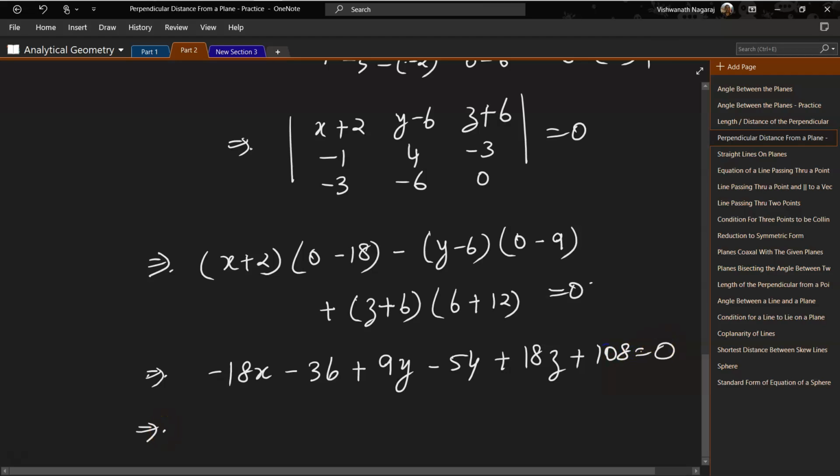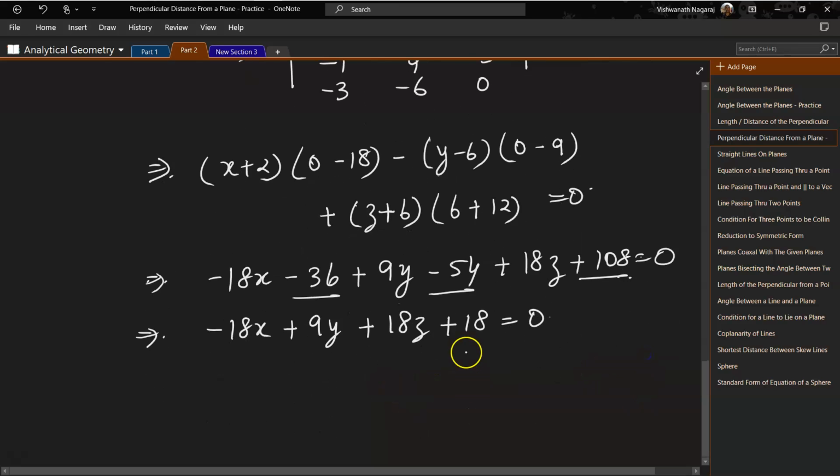Okay, now let's simplify this. Minus 18x plus 9y plus 18z plus 18 equal to 0. So we have minus 36 minus 54 plus 108. That gives us 18.